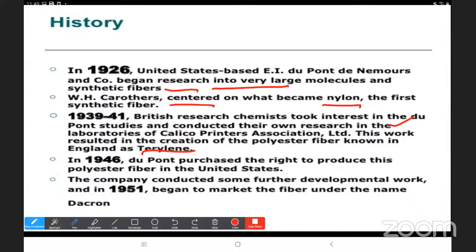So in 1946, DuPont purchased the right to produce this polyester fiber in the United States. The company conducted some further developmental work, and in 1951 began to market the fiber under the name Dacron.